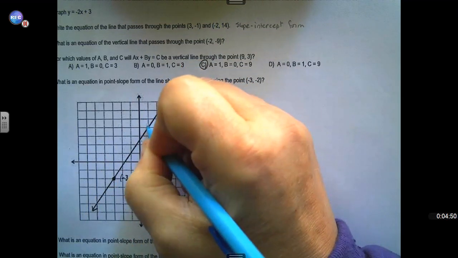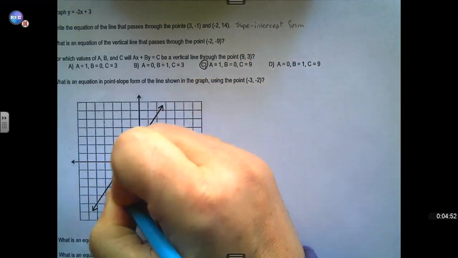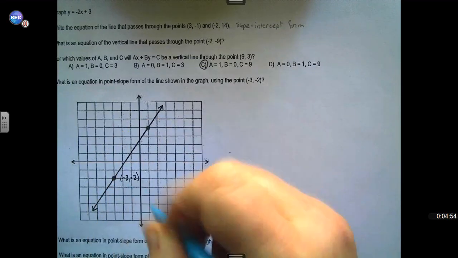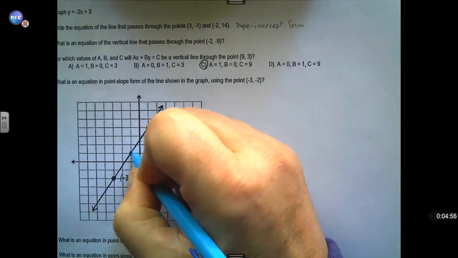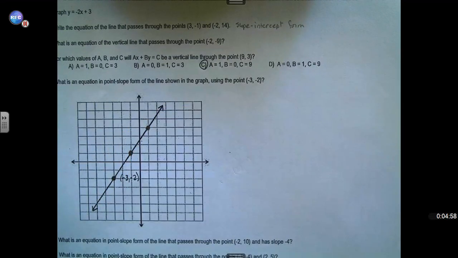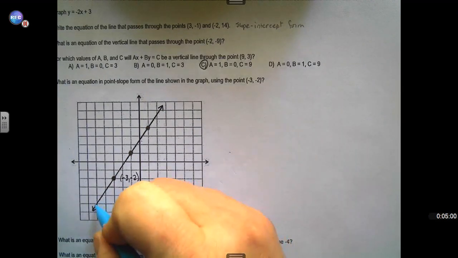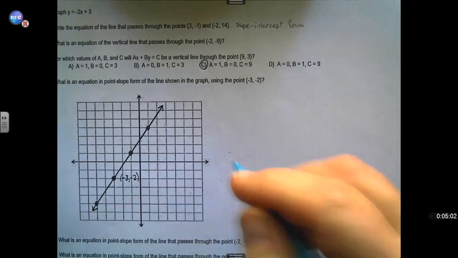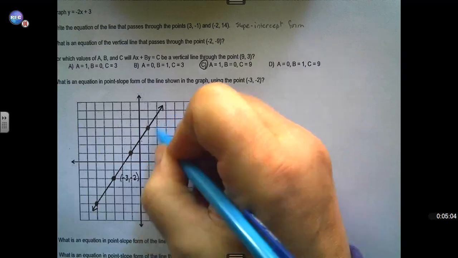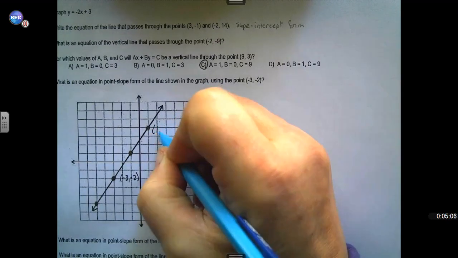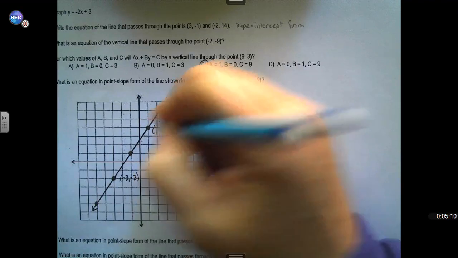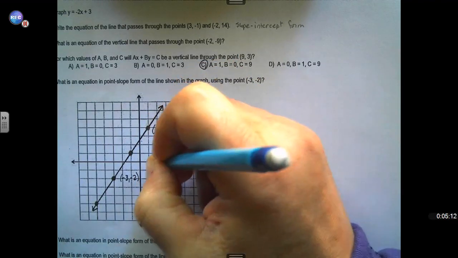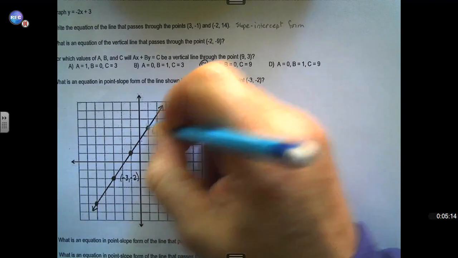It crosses at a point here, and it gave me this point down here. I could also use this point right here if I wanted to, or even this point down here. But I'm going to use this one, which is at 1. It's hard to see, but it's at 1, and then 1, 2, 3, 4.